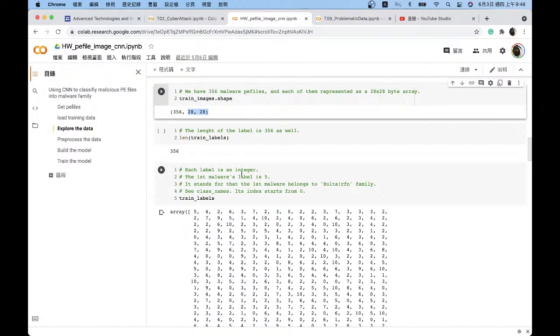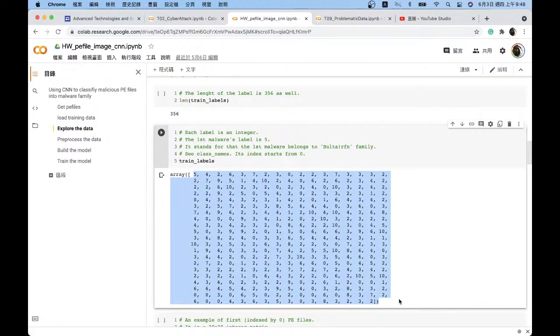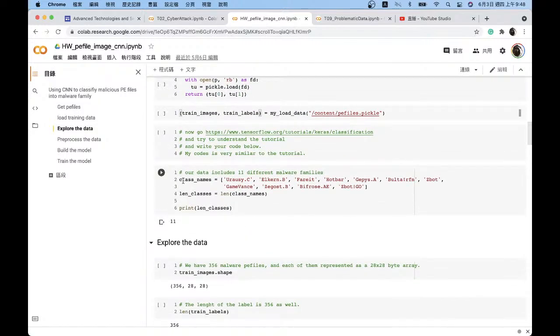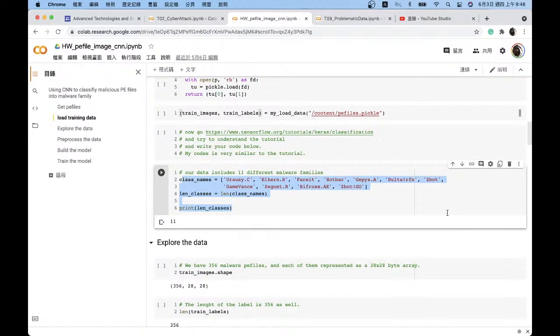Here we also have the answer, which is our target. Of course, I know the answer because I created this data set.